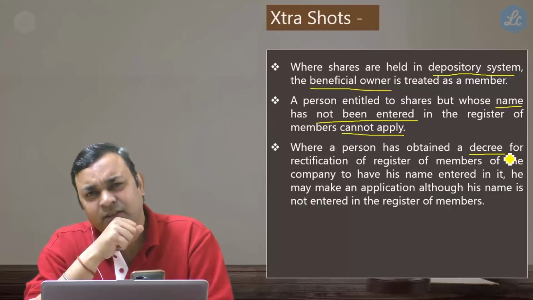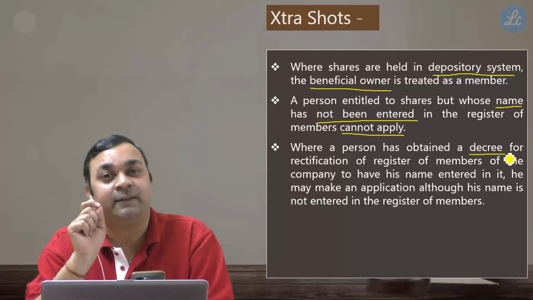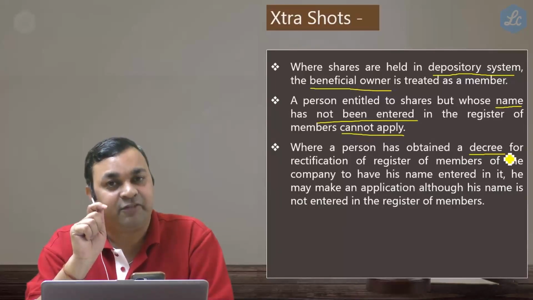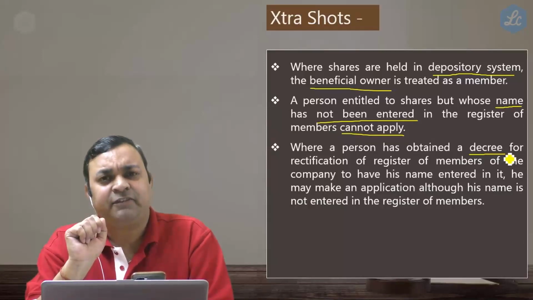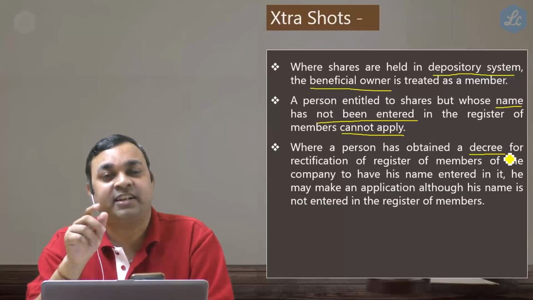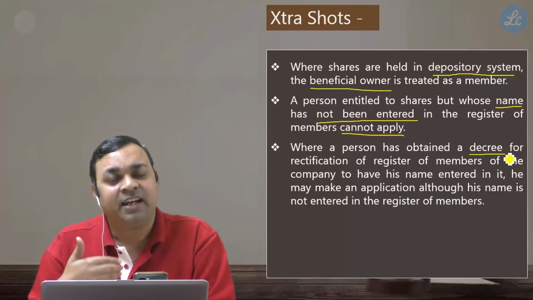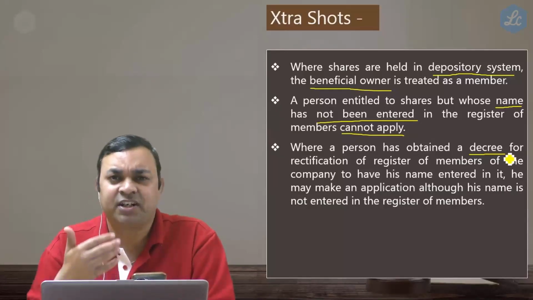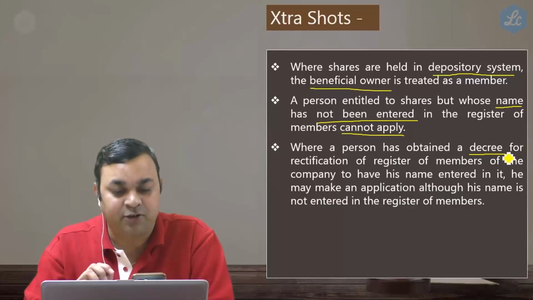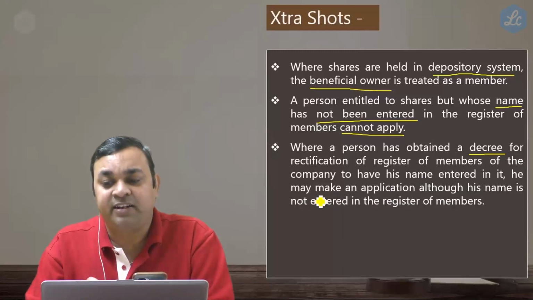The court provided a decree in favor of Mr. B, son of Mr. A. This is the important point. In spite of that, his name is not entered in the register of members. Now the question arises whether Mr. B is entitled to make an application under section 241, 244, and whether he will be counted or not. So this point is most important.